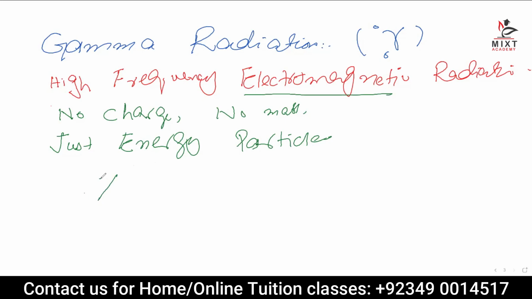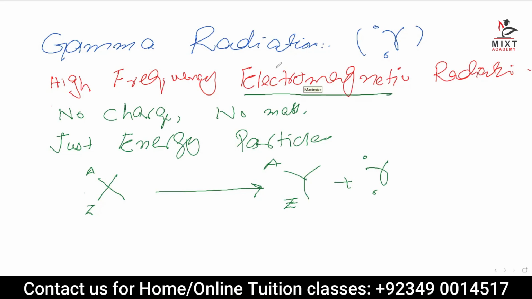X, with A and Z, this is a parent nucleus. The parent nucleus decays and forms a daughter nucleus by the emission of gamma. So students, please keep in mind, by the emission of gamma radiation, there is no change in proton number and nucleon number.